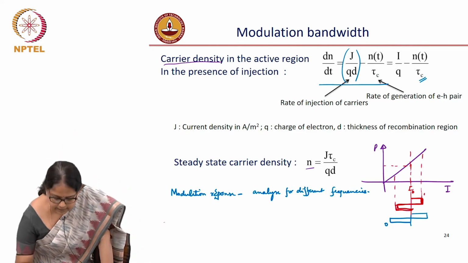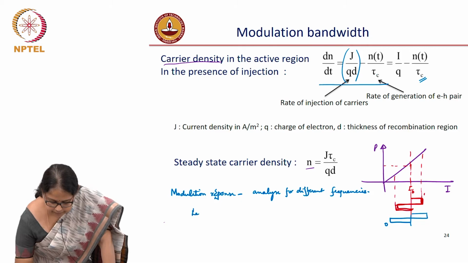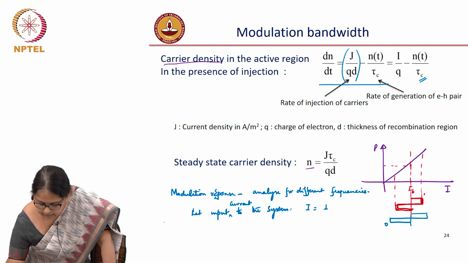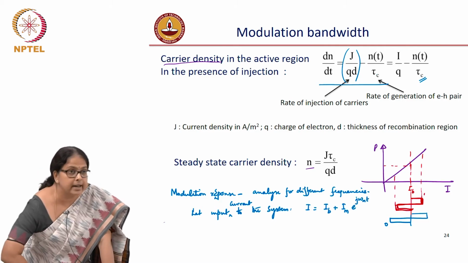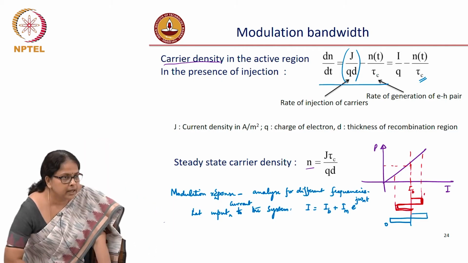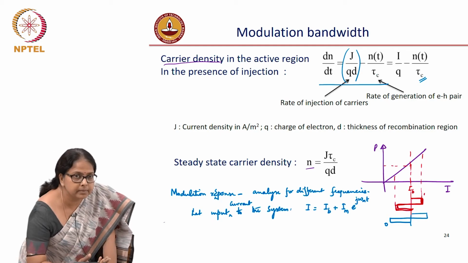And the model we will say is that, let us say, input to the system, which is input current, because that is the input to this transducer, I is I bias, the DC value, plus I m, and I am not going to take square wave, I am going to do a harmonic analysis. So, let us say I am exciting the system with a sinusoid of frequency omega m, okay, and I want to know what is the response of the system.